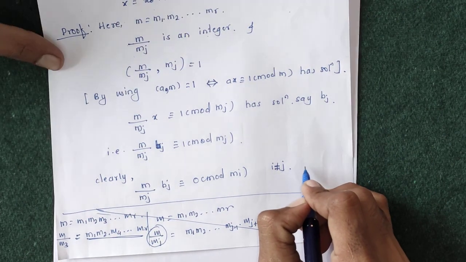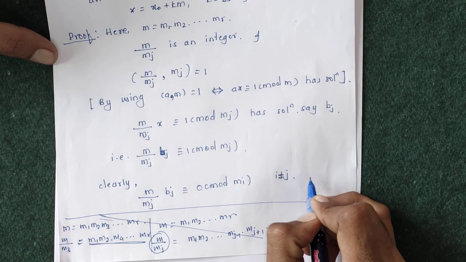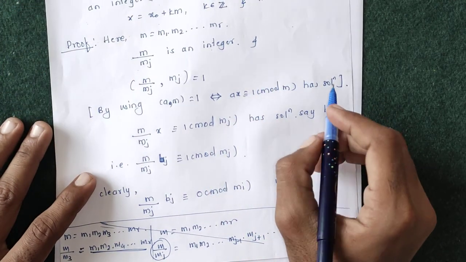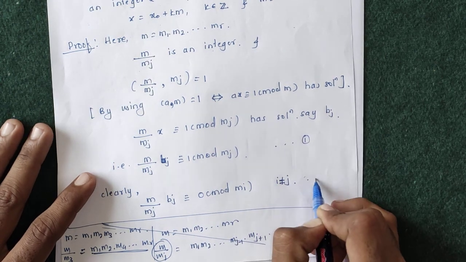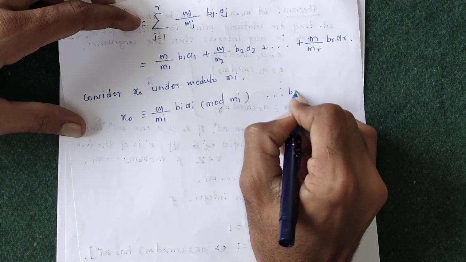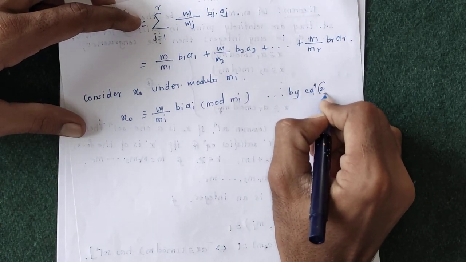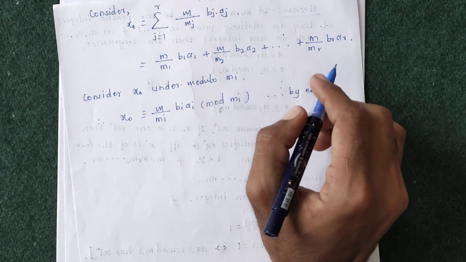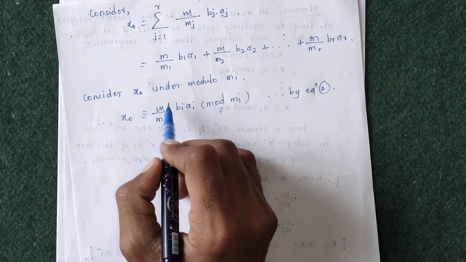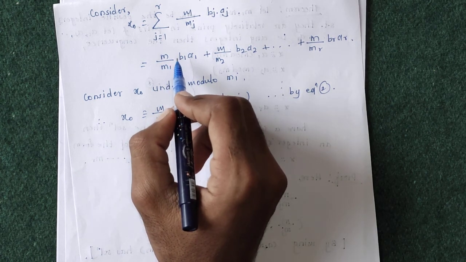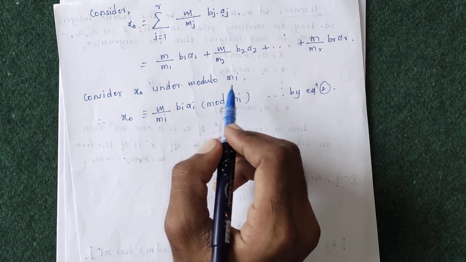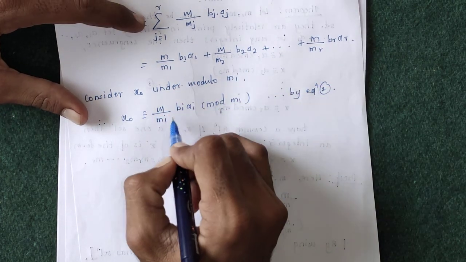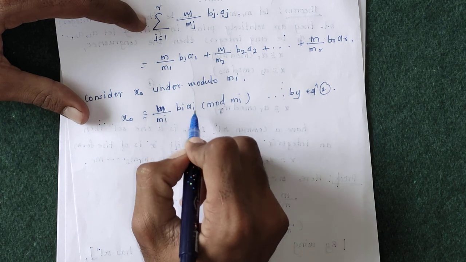Suppose this is equation number 1 and this is equation number 2. By equation number 2, m by mj bj is congruent to 0 under modulo mi for i not equal to j. So all the terms become 0, and only m by mi bi ai remains here.